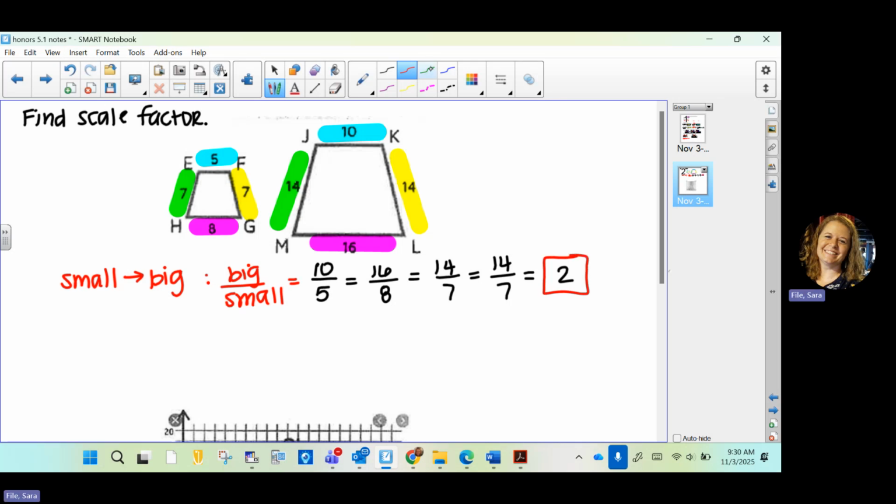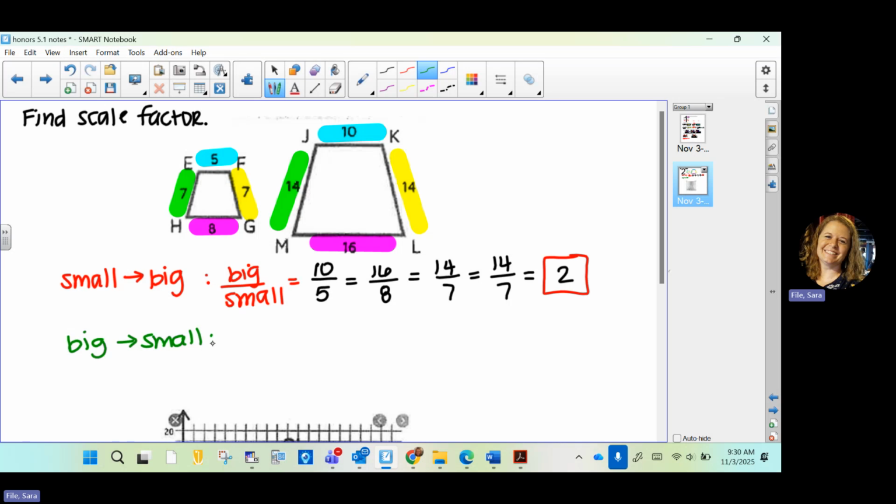But in reverse, if I wanted to go from the big to the small, it would be the reciprocal. What's reciprocal mean again? Like you flip that fraction, right? So it'd be half instead of 2.